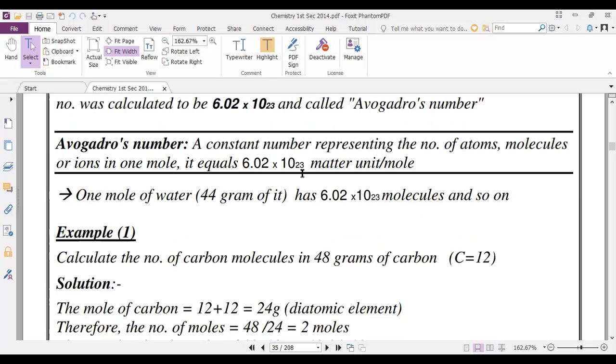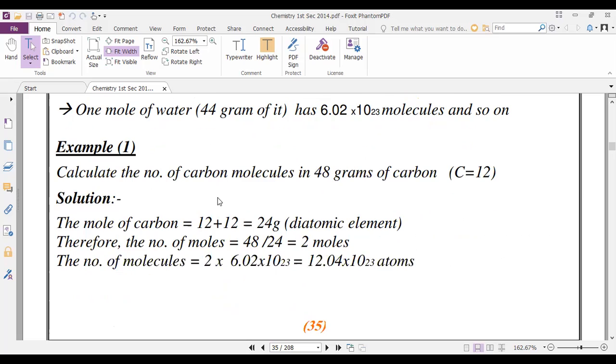Example: calculate the number of carbon molecules in 48 grams of carbon. So we need the number of molecules. First we will calculate the number of moles of carbon in 48 grams.